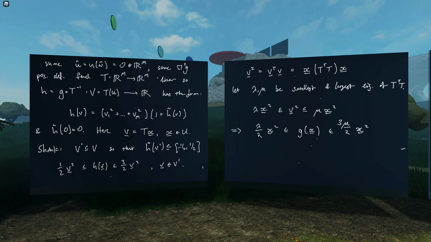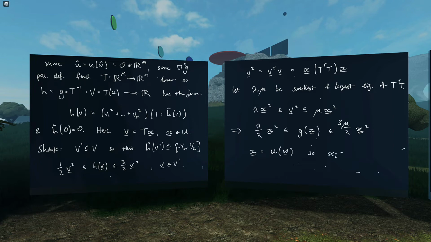But if we want to look at the function f, then we just compose with u, and so x is just equal to u of w.